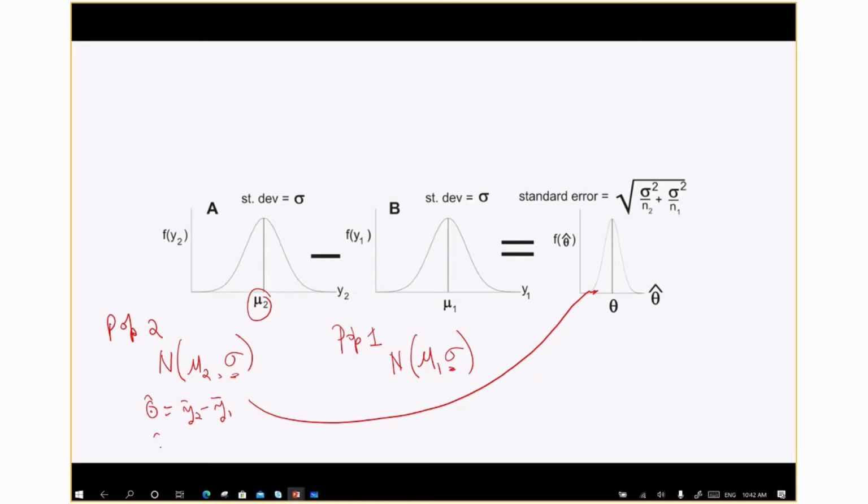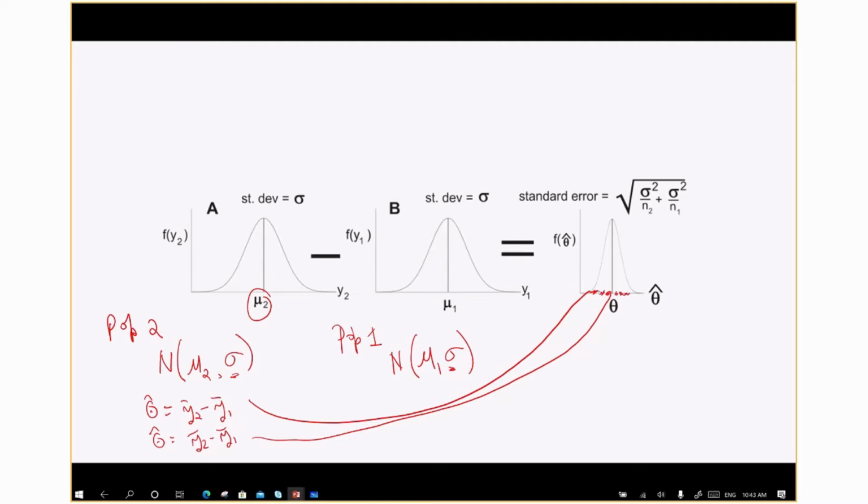And then we can repeat that process. If we were to do it again, almost certainly we would get different values for y1 bar and y2 bar, get a different number, and we get that point on a number line. And we would repeat this an infinite number of times.